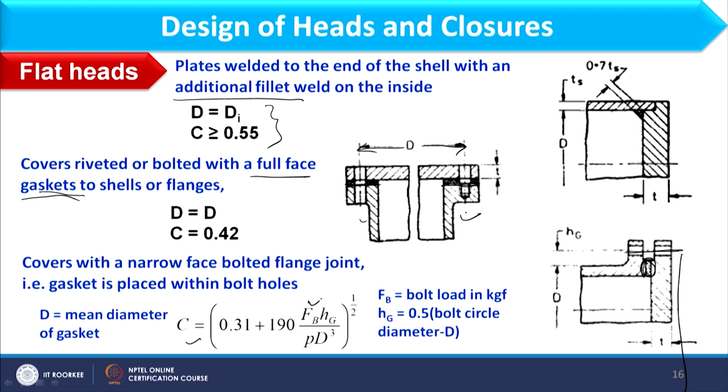Here FB is basically the bolt load in kg force, and Hg is 0.5 times the bolt circle diameter minus D. So in this way you can find values of C as well as D for different connections, and whatever connection is present in your case, you can compute the thickness of the flat head for that case. Okay. So in this way we design the flat heads.